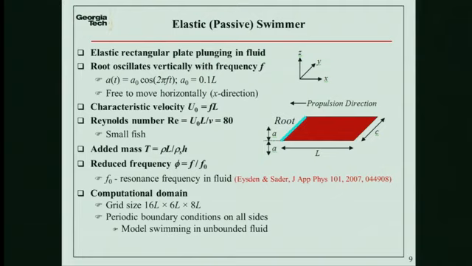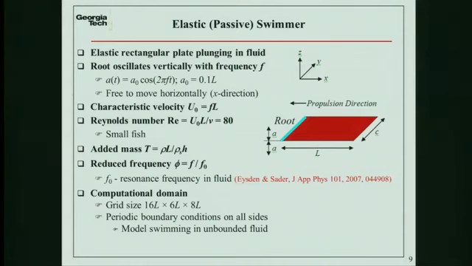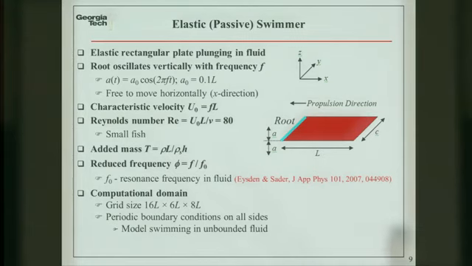So this frequency depends on Reynolds number, aspect ratio, and added mass, and it is essentially the frequency for a cantilever oscillating in water. There is a beautiful paper by Sader that gives us the theory that helps us calculate this value in the limit of high aspect ratio beams, and we use it to calculate the reduced frequency.